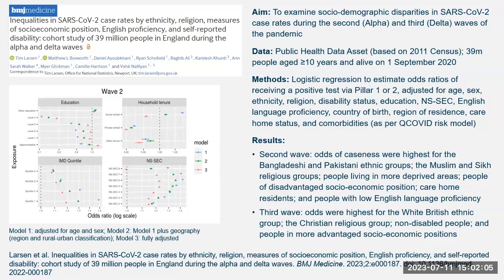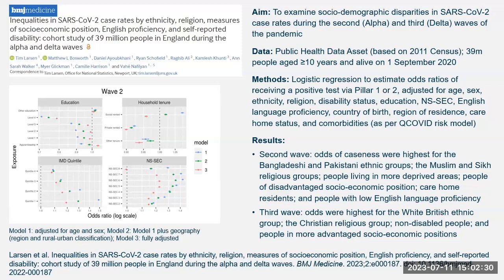So what we basically found was that there were some substantial differences in the findings between the second and third waves of the pandemic. So in the second wave, we found that the odds of testing positive were highest in ethnic minority groups, particularly South Asians, Muslim and Sikh religious groups, people in more deprived areas of disadvantaged socioeconomic position, care home residents, and so on.